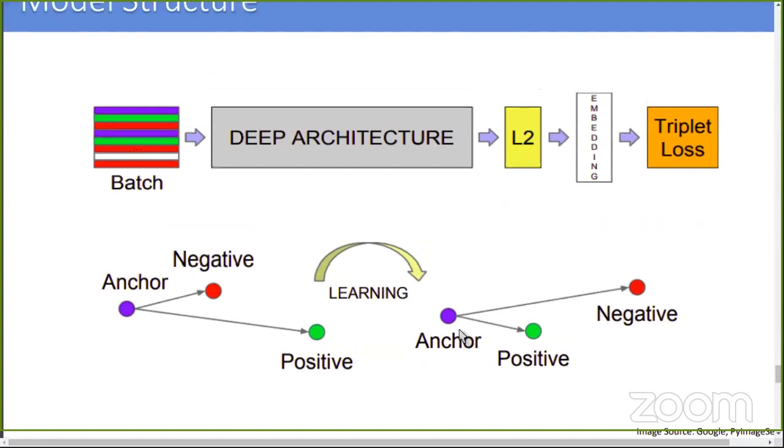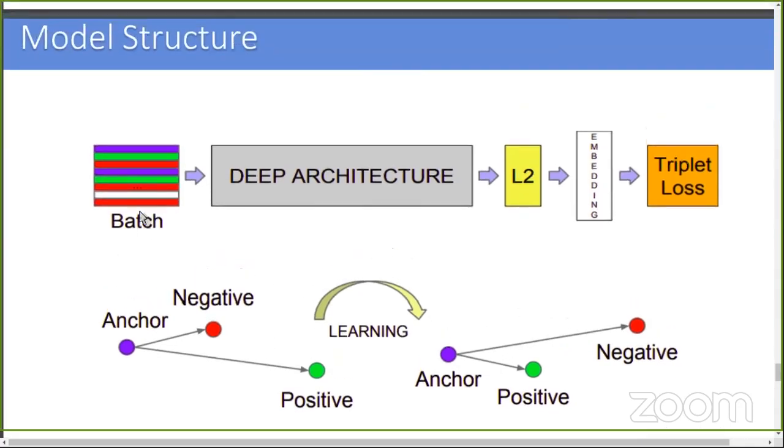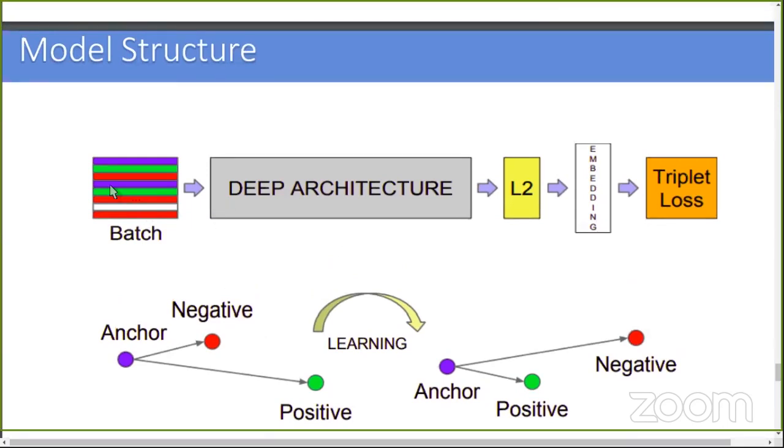In order to build this with a fewer number of examples and to increase its generalizability, this is what they have proposed in their paper. Here is any deep learning architecture, might be a CNN, for instance. We pass an image through this architecture, then we do L2 normalization, and then we create an embedding.